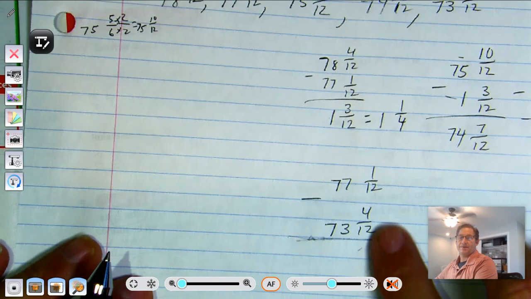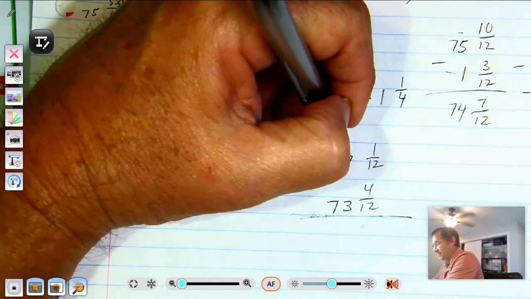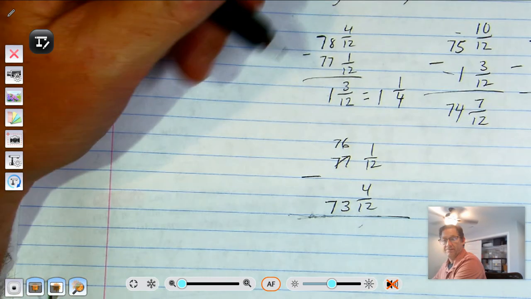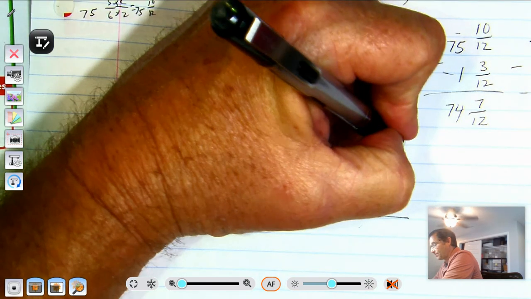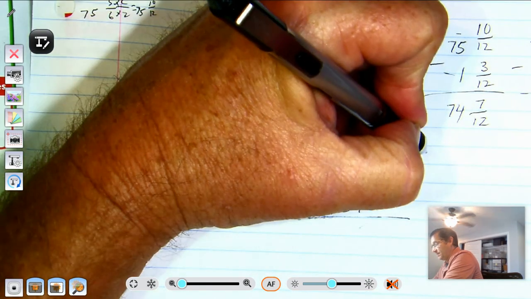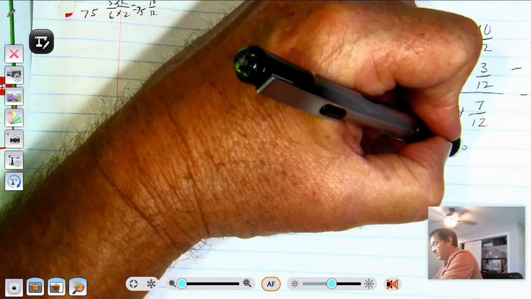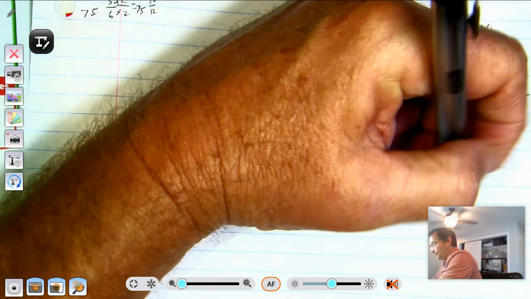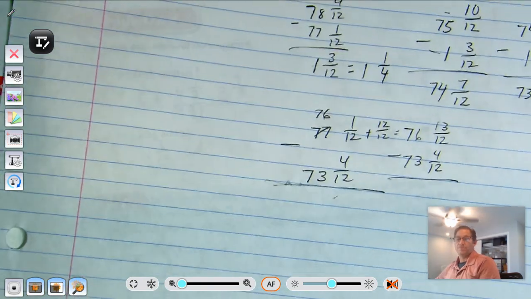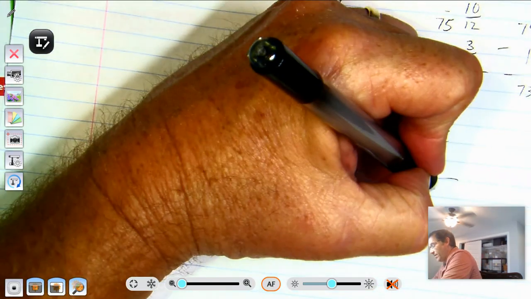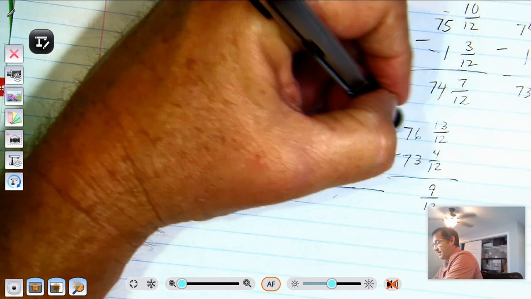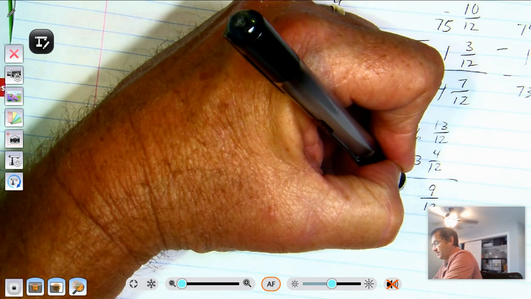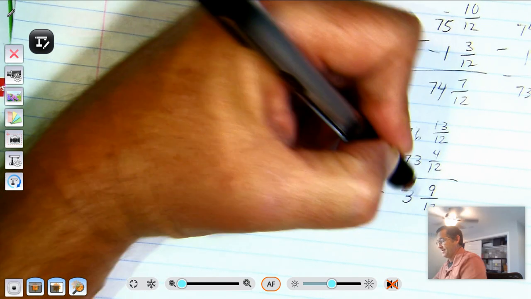Okay, well, I can't take 4/12 from 1/12, so let's rename the 77 as 76 plus 12/12. So that's going to give us 13/12 minus 4/12. 13/12 take away 4/12 is 9/12, and 76 take away 73 is 3.